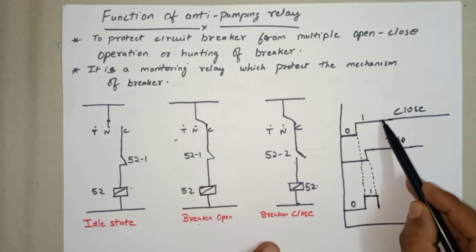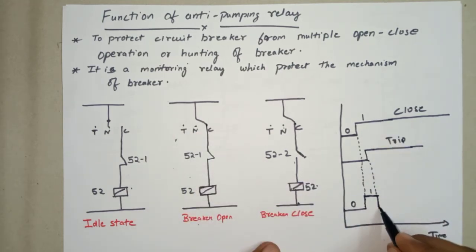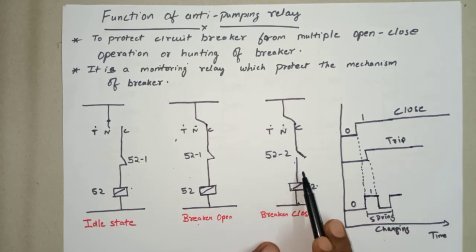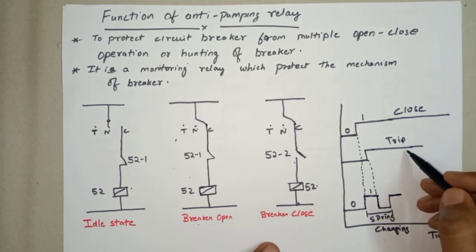Now since the close command is available, it will close as soon as the spring charges. So this is the time for spring charging of the breaker. The breaker closes and returns to this state. Now a trip command is still persisting.